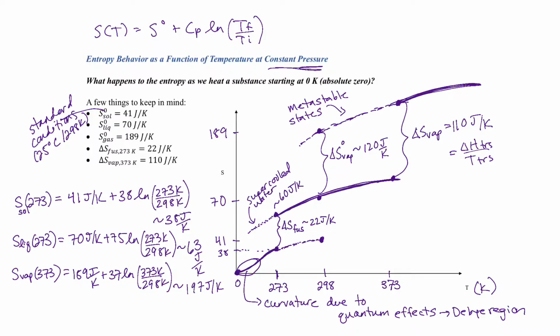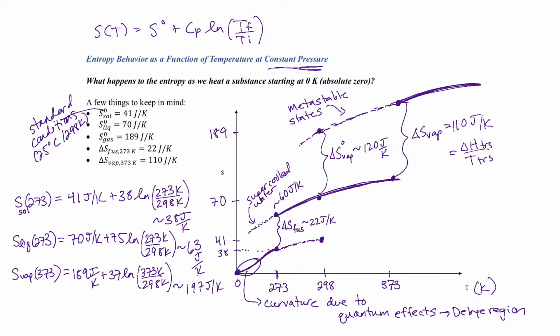So you see that your delta S of vaporization changes depending on what temperature you're at. We have our standard delta S of vaporization, at 25 degrees or 298 Kelvin, and we get a slightly different value.